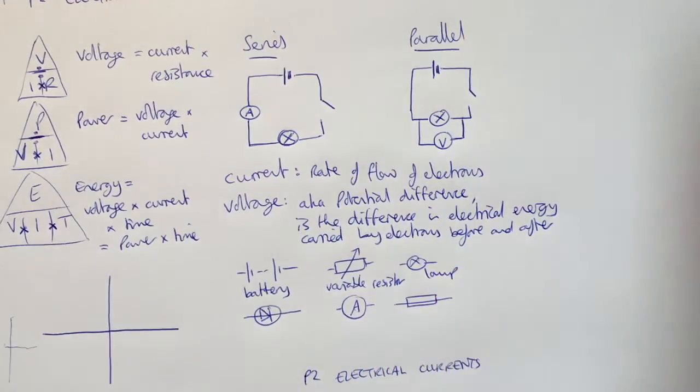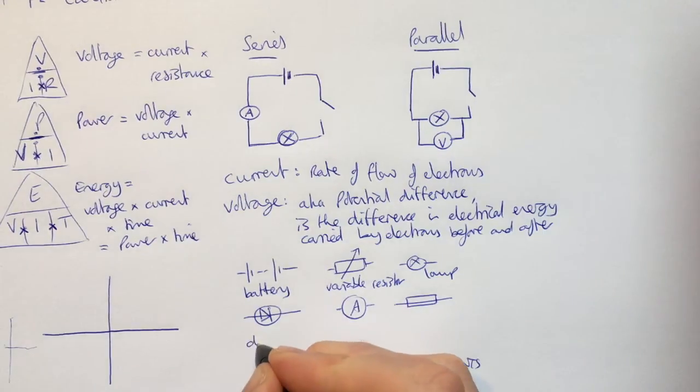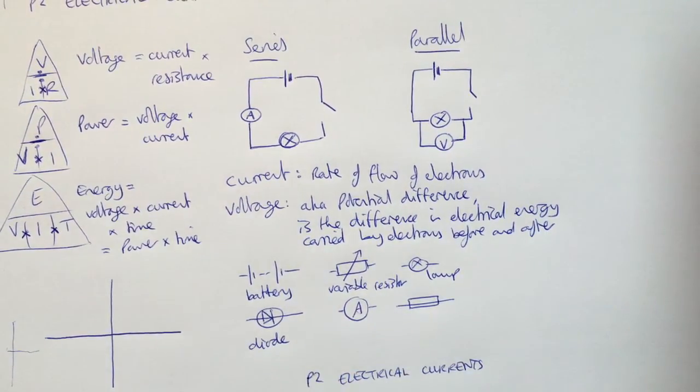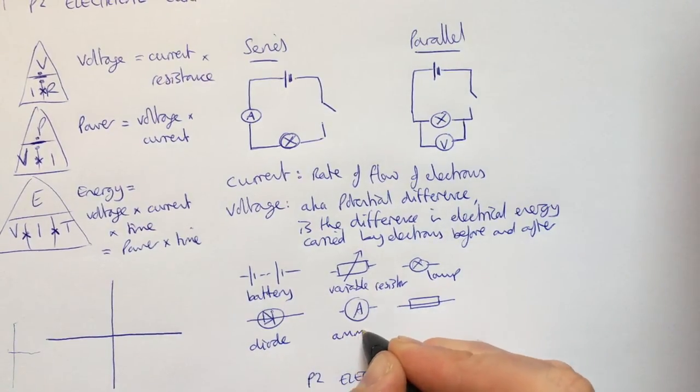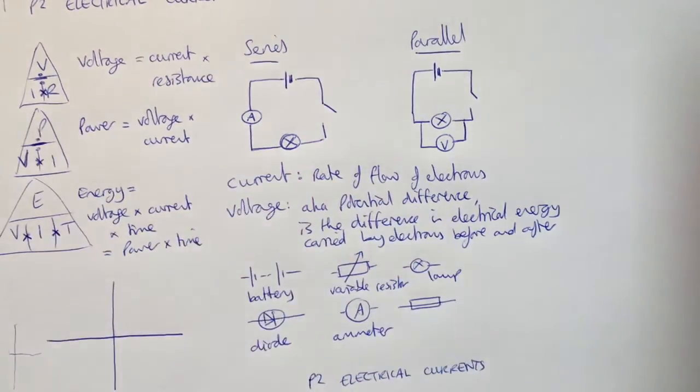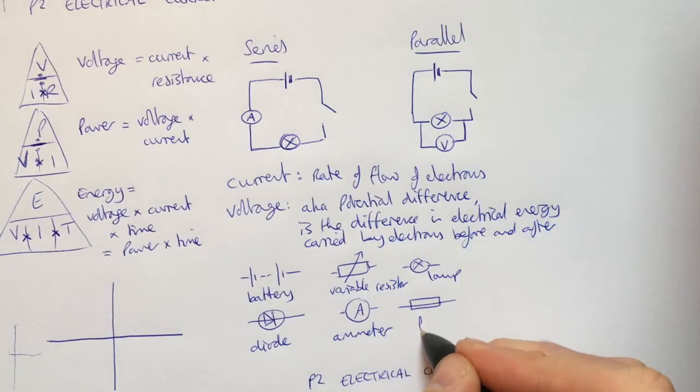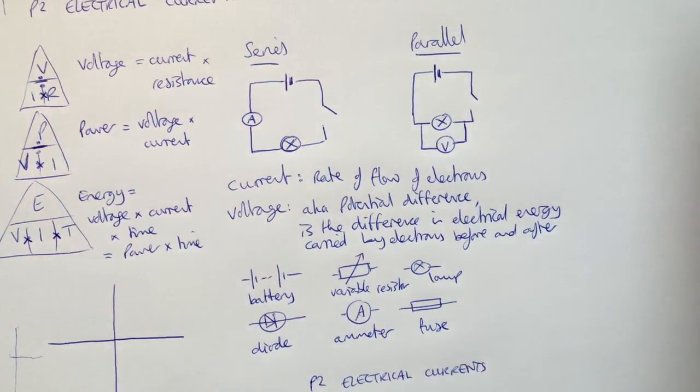This, as we've already discussed, is a lamp. This one here, triangle with a bar on the end of it in a circle with the line going through it, is a diode. If it's a light emitting diode, you'll have arrows coming off it. Here we've got an ammeter, we've already seen that up here. And this, the rectangle with the line going through it, that is a fuse.